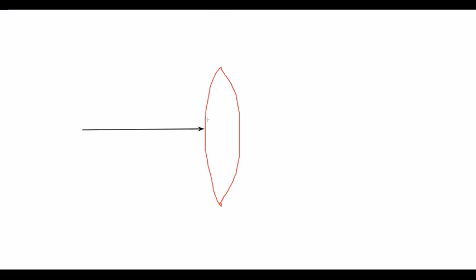If this part is a surface, when we draw the normal, it is perpendicular, or 90 degrees, to the surface. You can see here the light is passing along the normal, in the same direction as the normal. When the light moves along the normal, it does not change direction. The only thing that changes is the speed.